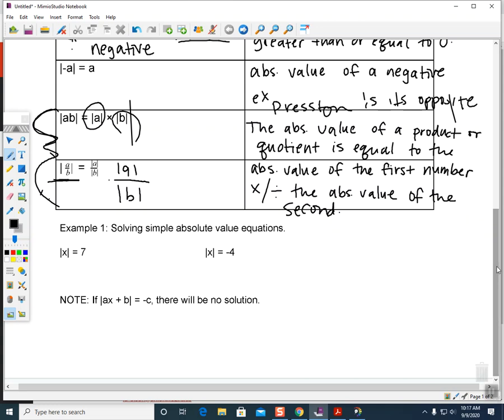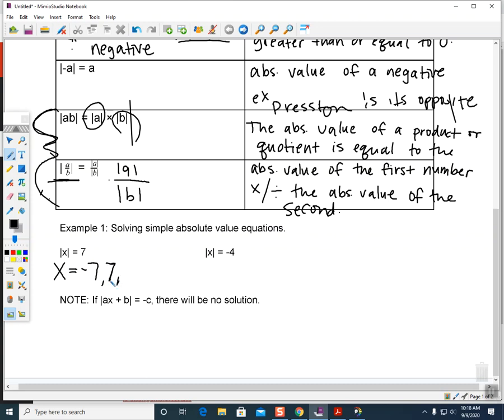Okay, some examples. I had said that absolute value often has two different solutions. So if I'm looking at the absolute value of x equals 7, I have two possible solutions for x. X can equal -7, right? The absolute value of -7 is 7. Or x can equal 7.